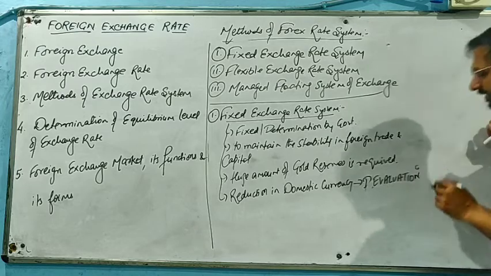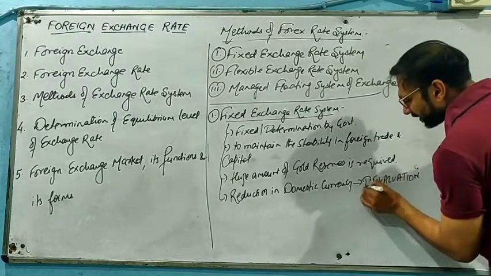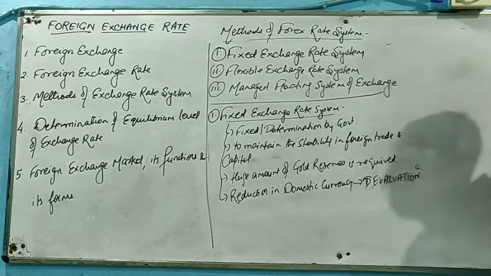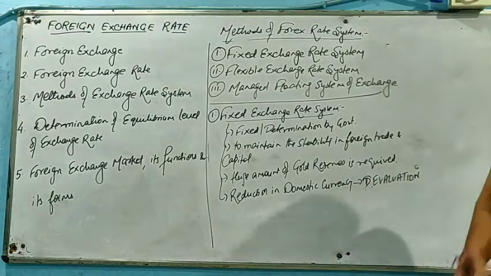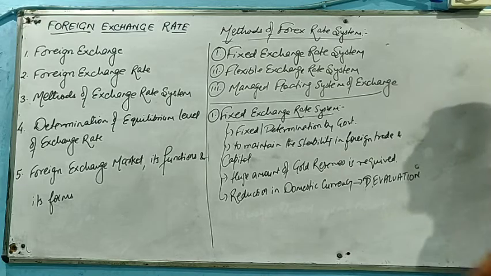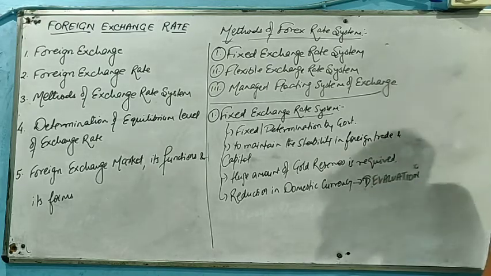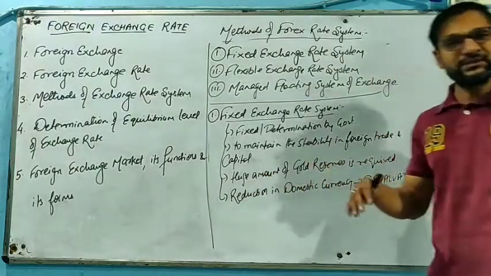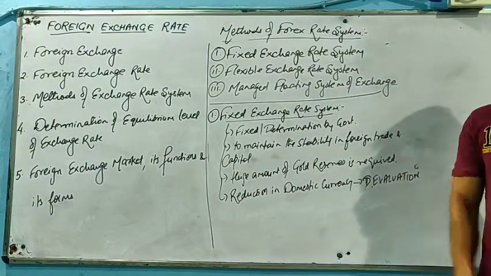Devaluation of domestic currency is by the act of government. The government decides that we are now going to reduce our country's currency. That is what China did last year. They devalued their currency, the yuan, in terms of the US dollar.